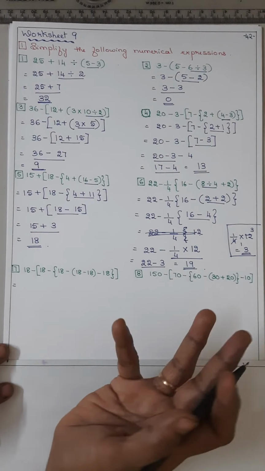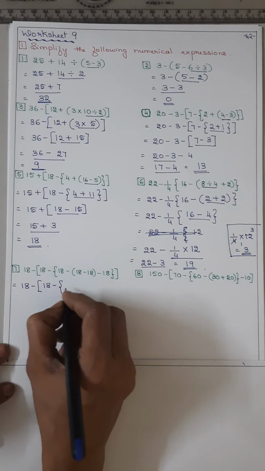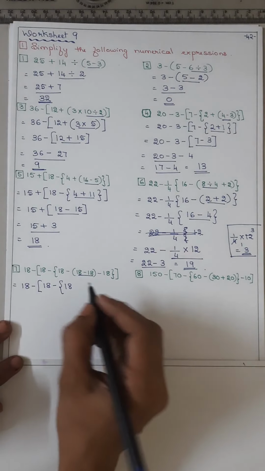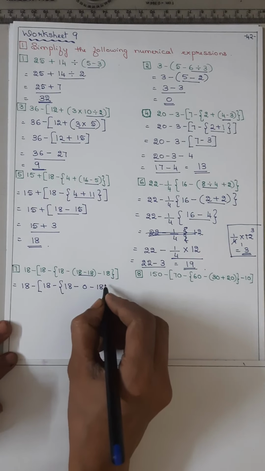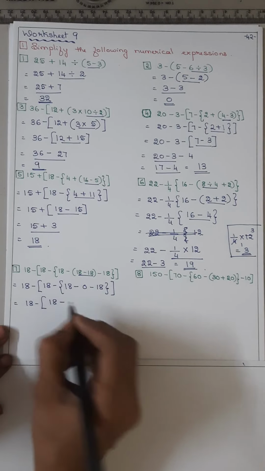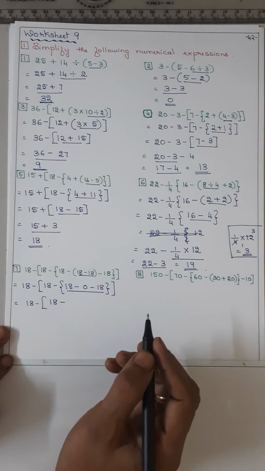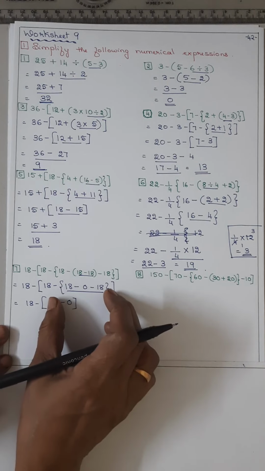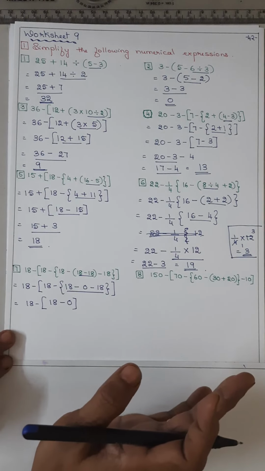All are 18 but the signs differ, isn't it? So 18 minus 18 minus bracket 18. So solve the inside of the round bracket first. 18 minus 18 is 0 minus 18. Now 18 minus 18 minus 18 minus 0, 18 minus 18 is how much? 0. So inside the curly bracket, since it is 0, everything gets a minus together.